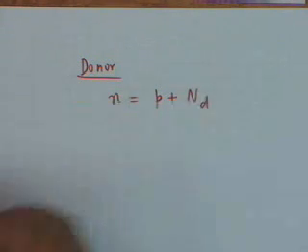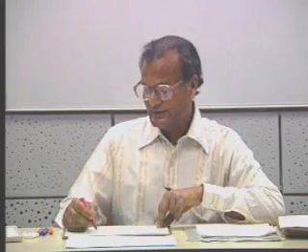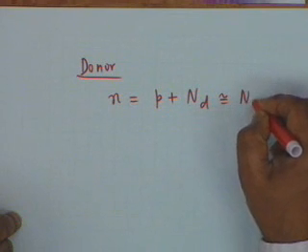Normally Nd will be much greater than the intrinsic concentration of P type of carriers. In silicon it is 1.5 times 10 to the 16, and the donor impurity will normally be about 4 orders of magnitude higher, that is of the order of 10 to the 20, and therefore Nd shall be much greater than P, therefore this is approximately equal to Nd.